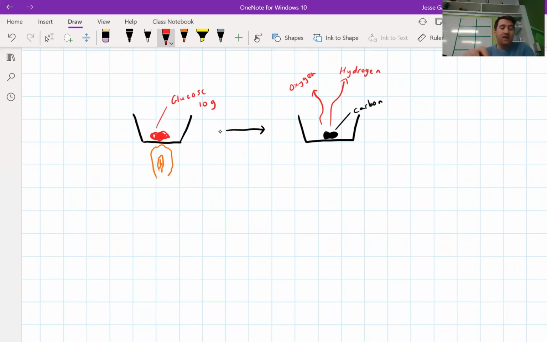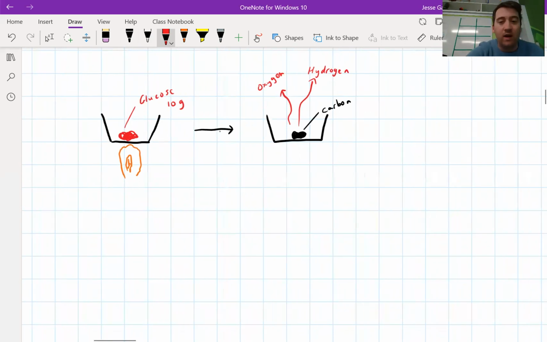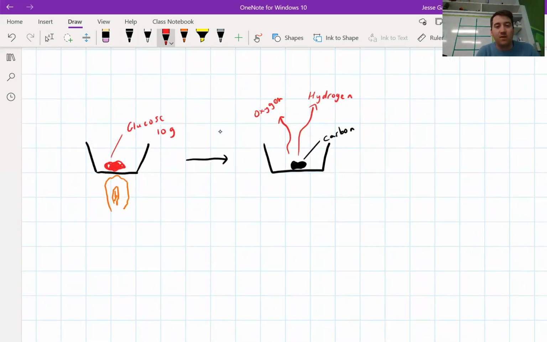Scientists would work out how much carbon is left. We started with 10 grams, so how much carbon is left, and then they would collect the oxygen and hydrogen as it was being given off.